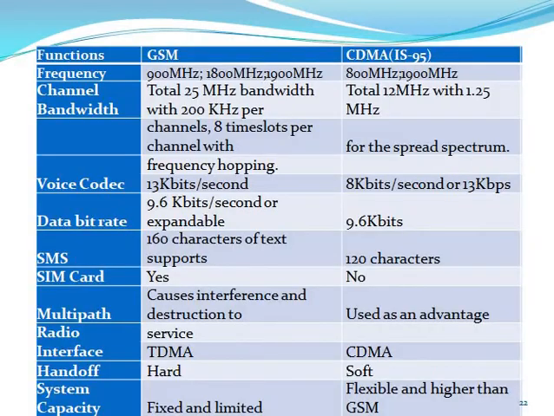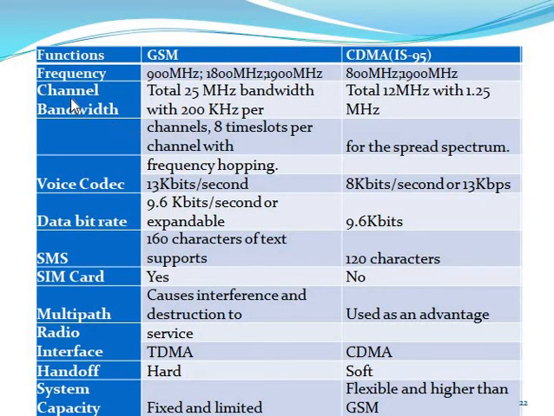Now we can look at the difference between GSM and CDMA IS95. Mostly for frequency, GSM uses the 900 megahertz frequency, and this is the frequency range, 800 and 900, 1900 megahertz.